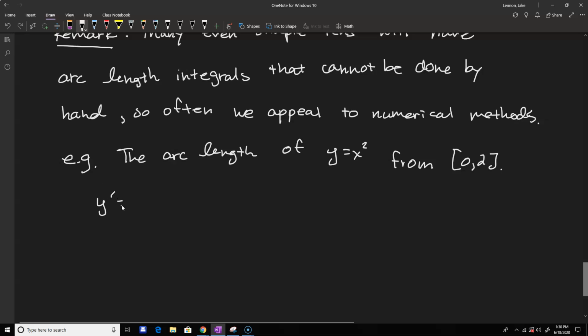Here y prime would be 2x, so your arc length integral would look like length equals the integral from 0 to 2 of the square root of 1 plus 4x quantity squared. So we end up with something that we're not able to compute unless we want to appeal to something more difficult. I think maybe one of our trig things will do that, but it's not necessarily a simple integral. This one I think will actually require a trig sub. So theoretically we can do it, but if we wanted to do it numerically, how would we do it?